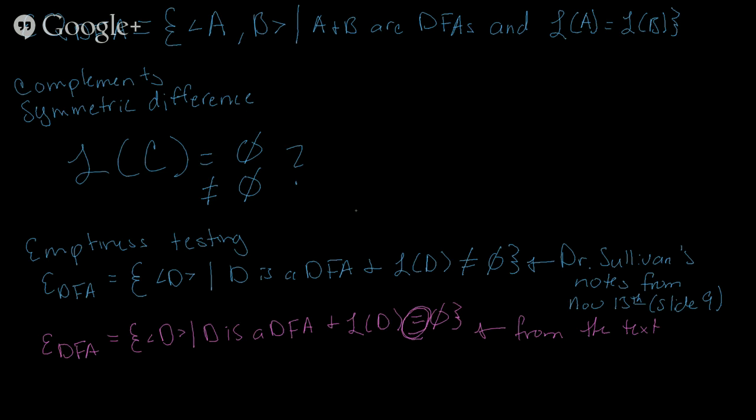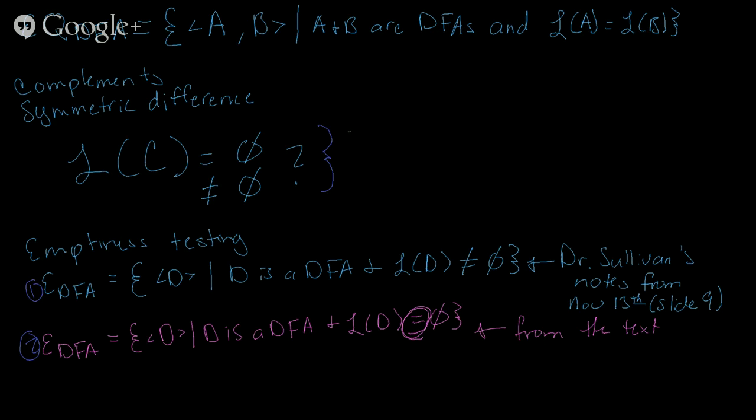And the reason is that when you put this language C into your emptiness testing, it's going to give you different things based on which of these two DFAs you use. So if we call this number 1 and this number 2, you can use whichever one you want. I would just make it obvious in your homework which one you're using.